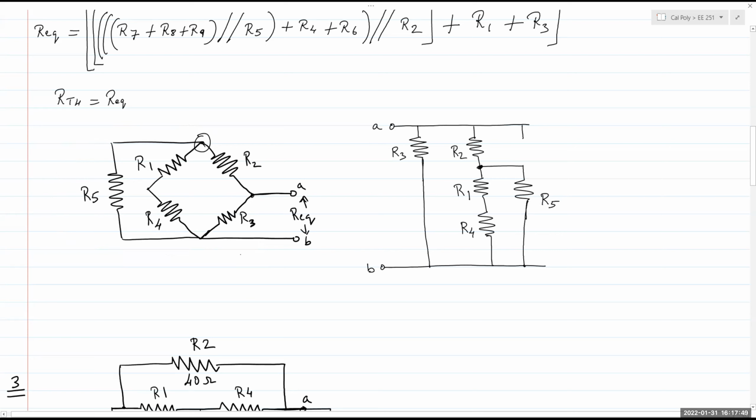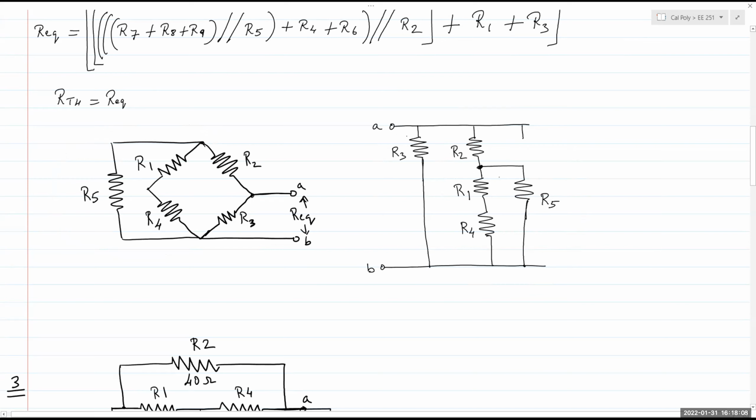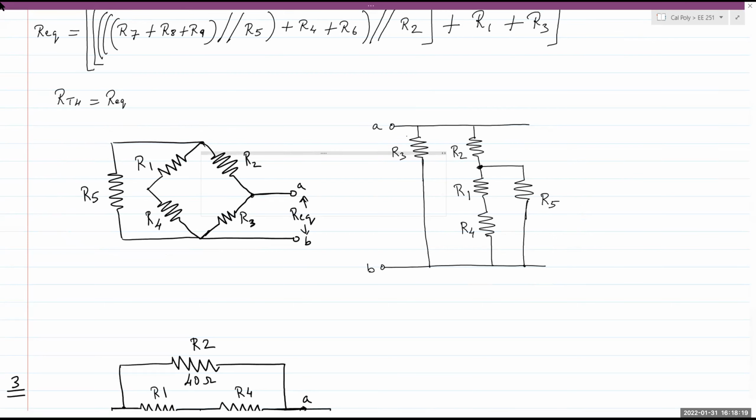And that shows me that R1 and R4 are in series, which are then in parallel with R5, which would then be in series with R2. And this entire branch is in parallel with R3. Okay. So this technique works for almost any circuit. As long as the circuit is reducible, you would be able to arrange all the resistors vertically and reduce them in series and parallel. So that's basically question number 2.